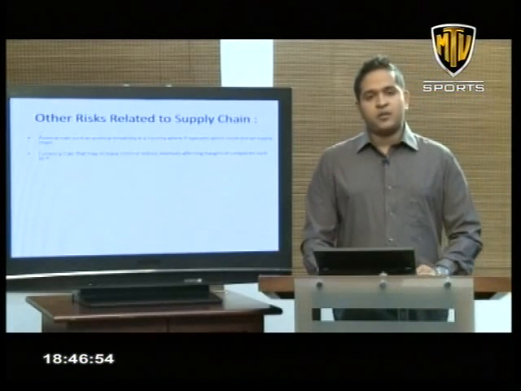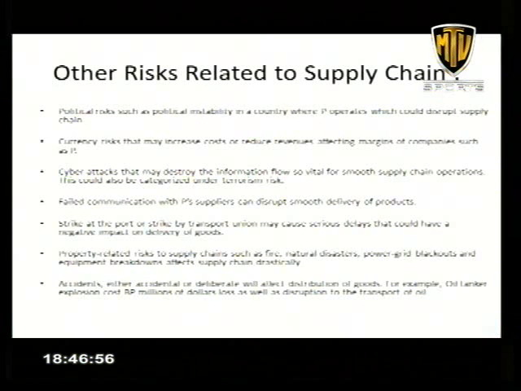Currency risk, like we discussed initially also. Cyber attacks in terms of the information flow. EDI, the electronic data interchange, is very important in this context of a supply chain company. And a lot of cyber attacks, it can be the network going down, it can be virus threats or whatever, which can disrupt the information flow and which will just simply disrupt the whole flow of the organization.